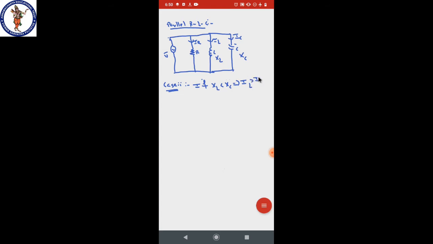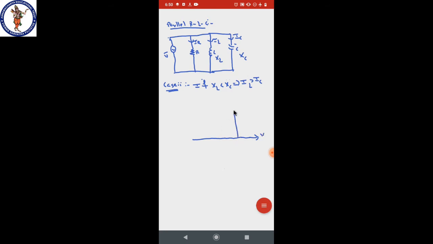IL is greater than IC. Now I will take voltage as the reference for the phasor diagram.